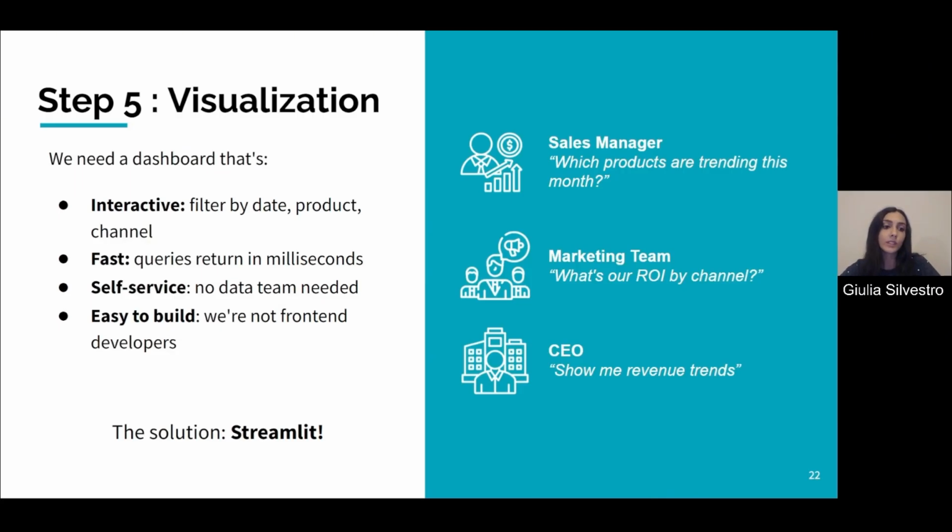To serve all these users, we need a dashboard that's interactive, with filters by date, product, and channel, and it needs to be fast, so queries must return in milliseconds. It should also be self-service, so business users shouldn't need to ask the data team for answers to their questions, and critically, it needs to be easy to build because we are data engineers and not front-end developers.